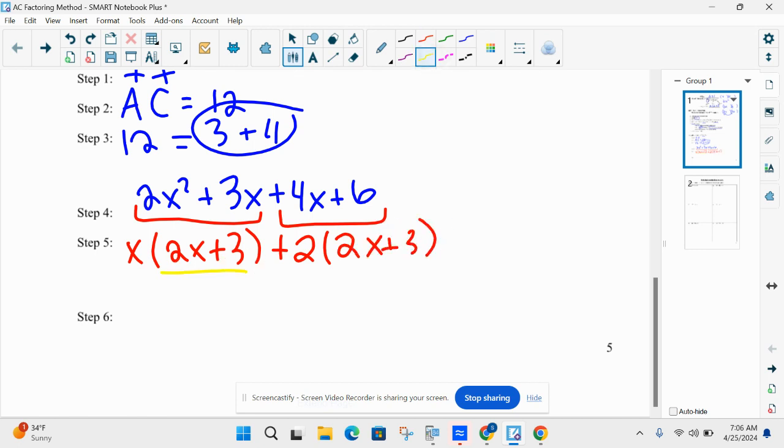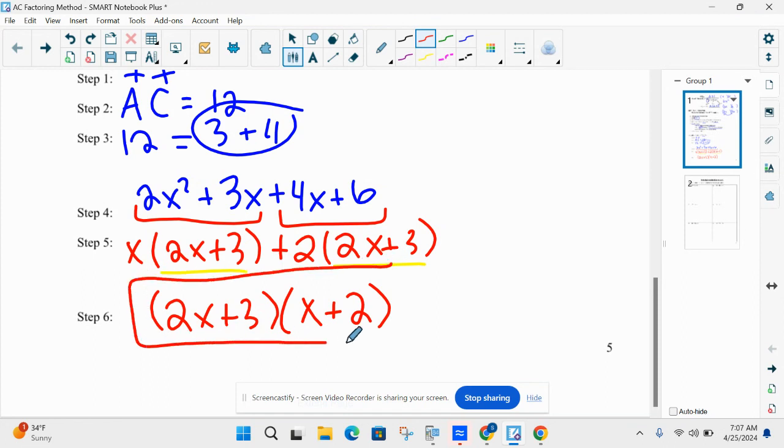Since the parentheses match up, which they're supposed to, you're going to factor that out, and then you're left with x plus 2. And that's the answer. So instead of guessing and checking, we were able to use the AC method to factor that trinomial.